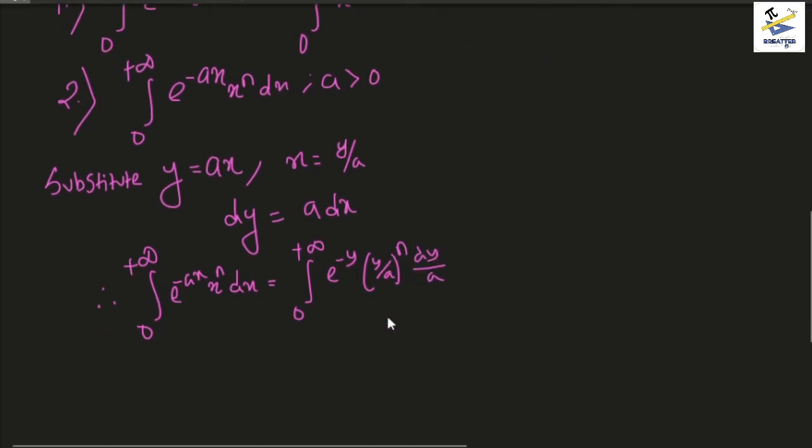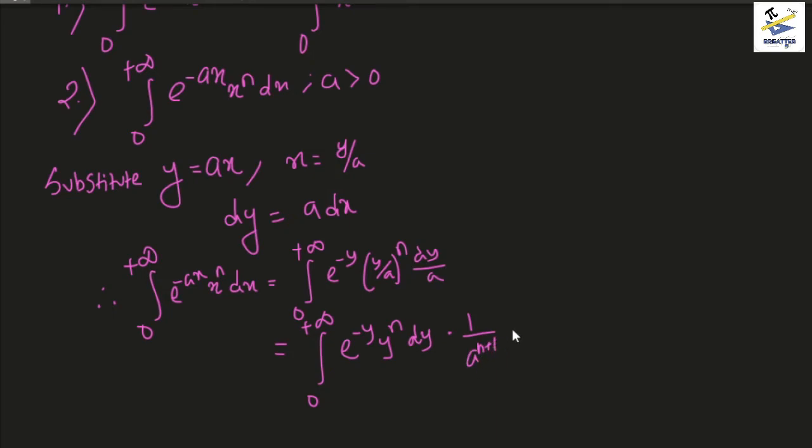As you can see, we have put all the values of x in terms of y. Now this would give us the integral from 0 to positive infinity of e to the power minus y times y to the power n dy, with a multiplication of 1 by a to the power n plus 1. What we can write is y to the power n plus 1 minus 1, e to the power minus y dy.